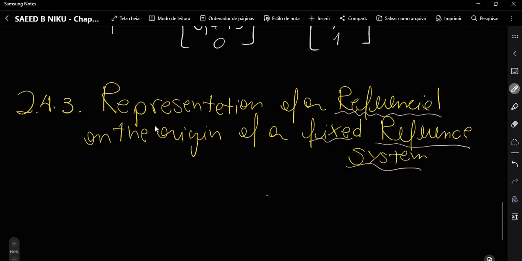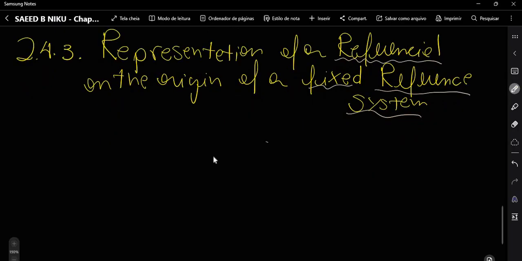The book says a referential is generally represented by three mutually orthogonal axes. What this means is very simple.